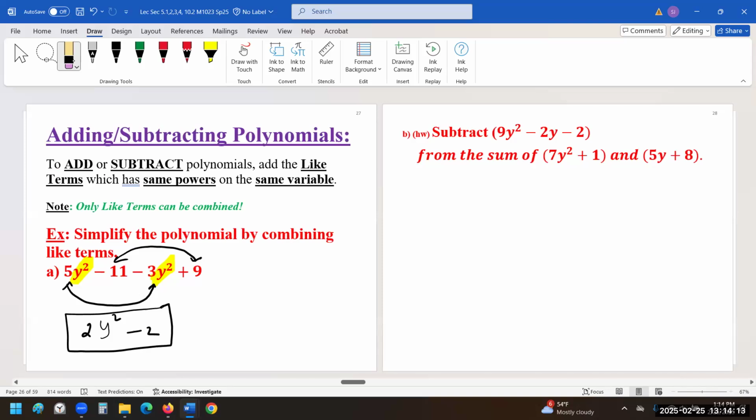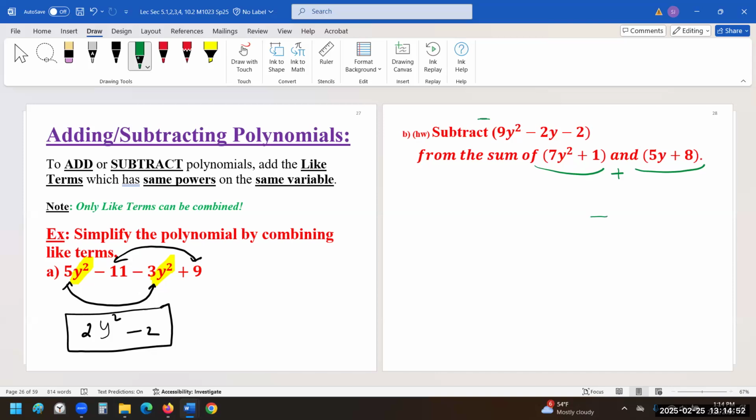The next one you're going to do by yourself. Let me just tell you what they're telling you. It says subtract that. Okay, we are subtracting this polynomial from the sum of these two polynomials. We know subtract means, right? Subtract means you're subtracting. But sum, what does sum mean? Adding. So they are telling us add these two polynomials and then subtract the top one from the sum.